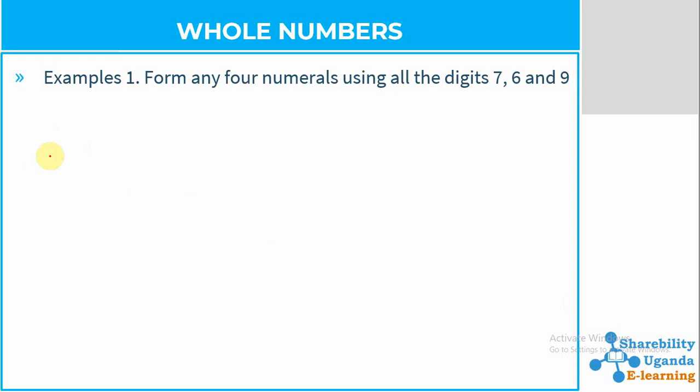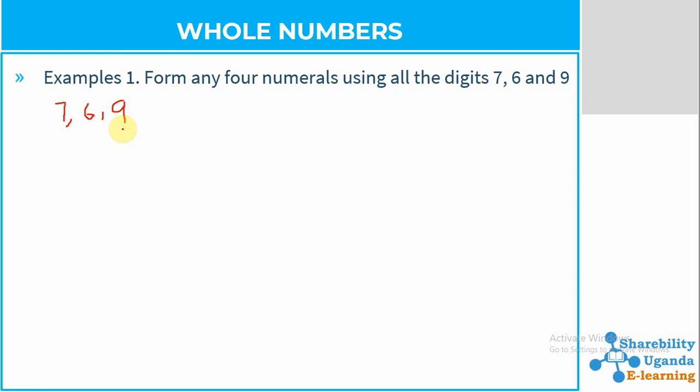Now we have been given our digits as 7, we also have a 6, and we also have 9. So these are our digits which have been given to us. They want us to form the four numerals.